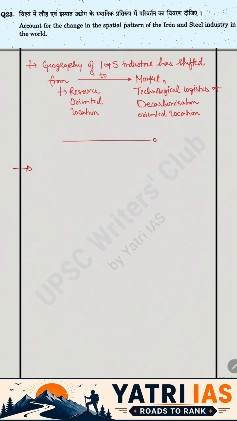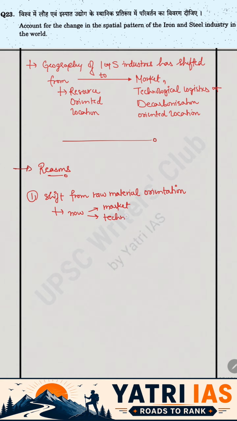So now let's move forward to the most important part of the body, that is reasons for the shift. Very first reason you would cite is shift has been seen from raw material orientation. Earlier, the industries were set up around the raw material, but now there has been a shift, and now the focus for industry setup is majorly market availability, technological availability, skilled labor.